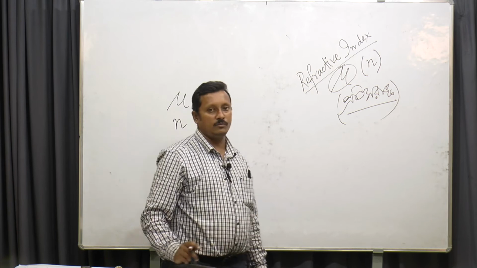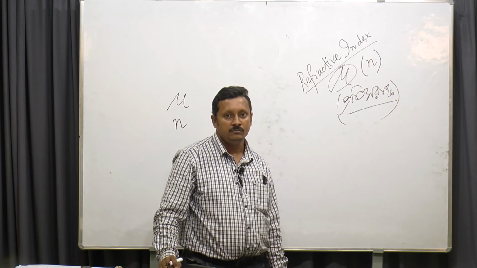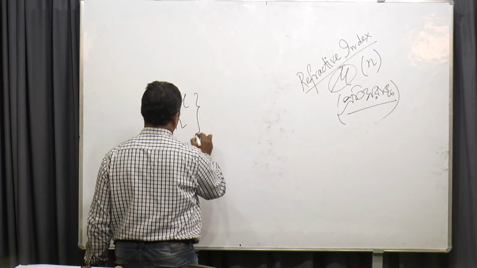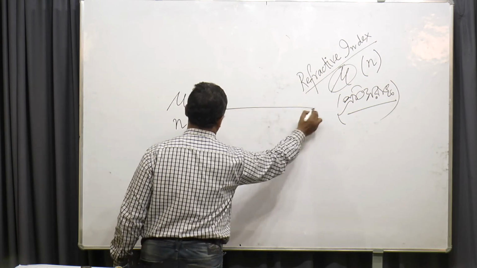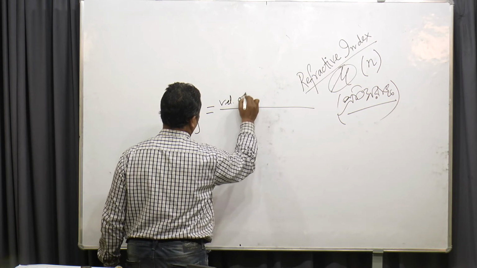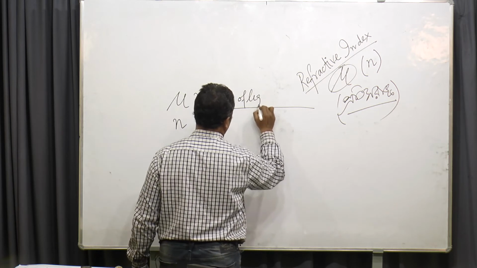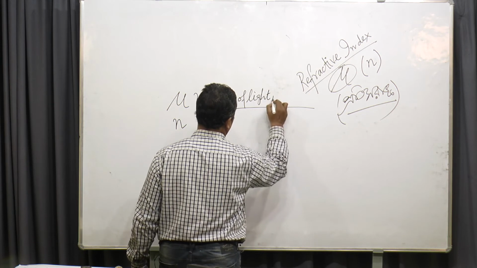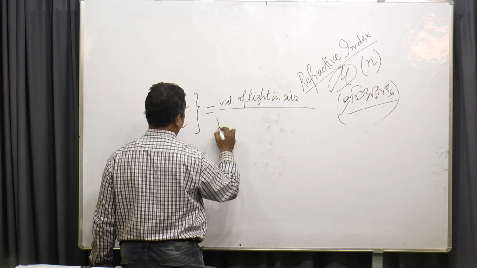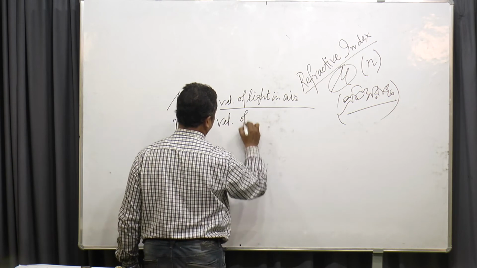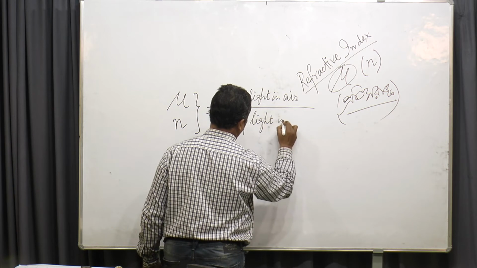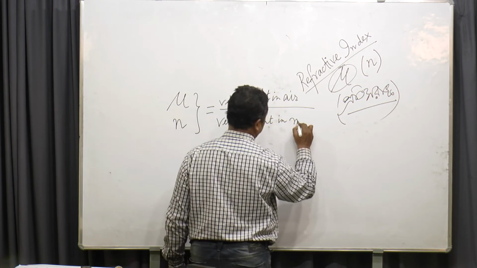In some other books it is also written mu. Whatever it may be, this is equal to velocity of light in air divided by velocity of light in medium.